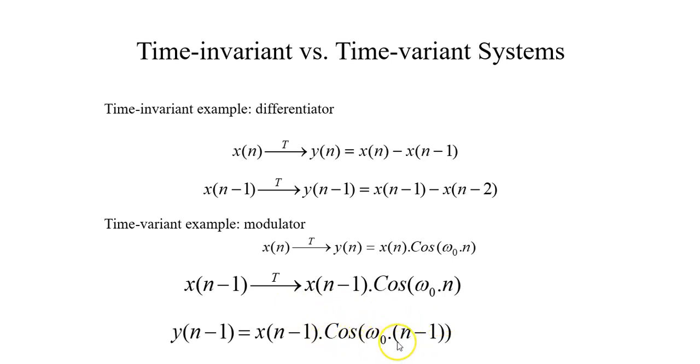Now it depends on time, on n. This is input, and this is input, and this will give you output. We have the same shift in time here, but shifting x of n minus 1 makes a shift here in the time. So now it depends on time, so it is a time invariant system.